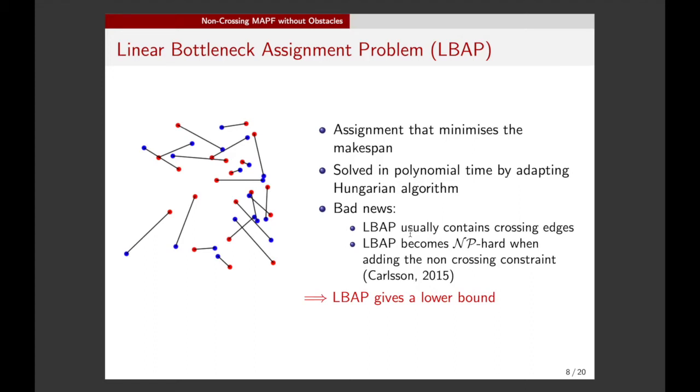However, the bad news is that the solution might contain crossing edges. As we can see in this example, this edge and this edge cross, so it's not a valid solution for us. If we impose the non-crossing edge constraint, then LBAP becomes NP-hard. So the solution of LBAP provides a lower bound.